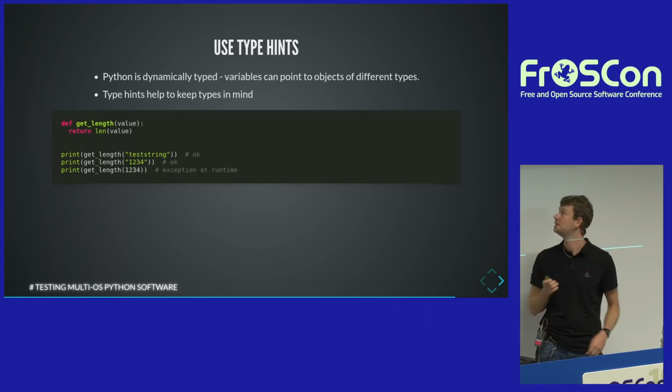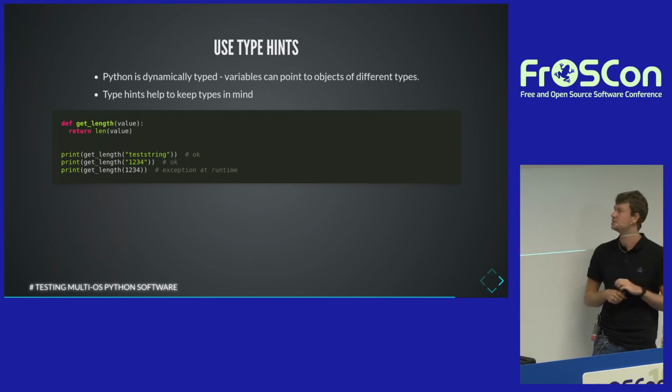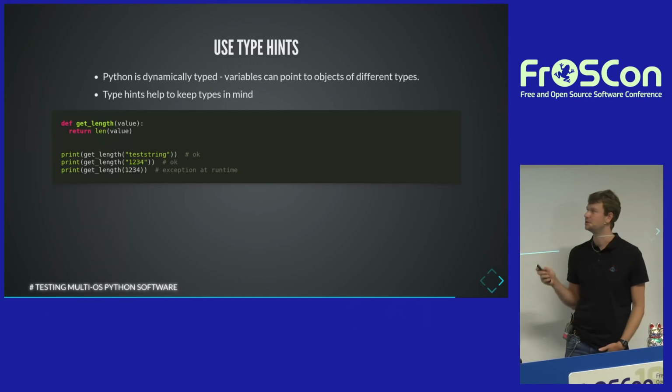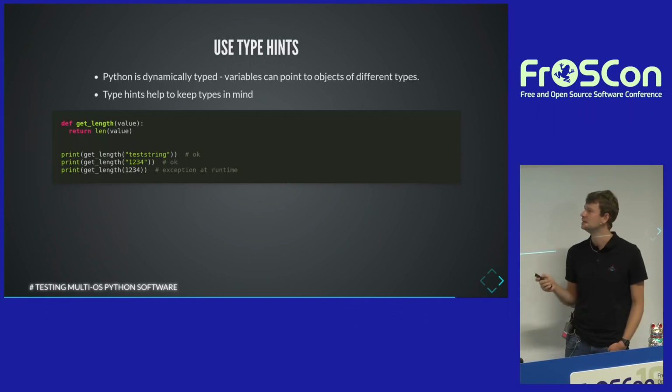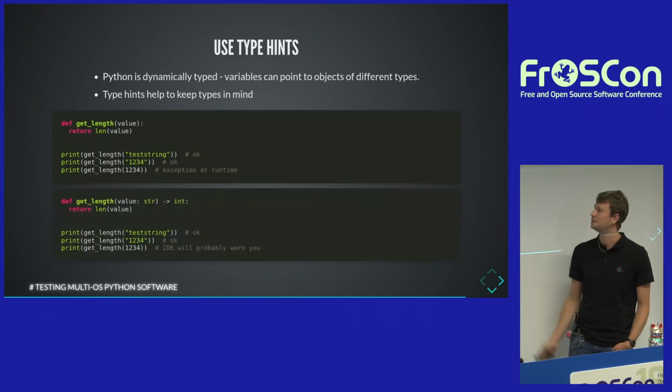In this example, you have a function that just outputs the length of whatever the input is, and you can use it on a string, that works. You could also use it on a list, then it would output the number of elements in that list. But if you want to use it on this integer number, then it breaks. This is an exception at runtime.